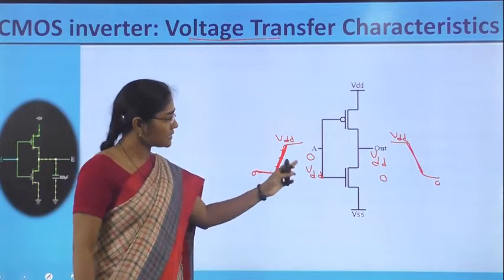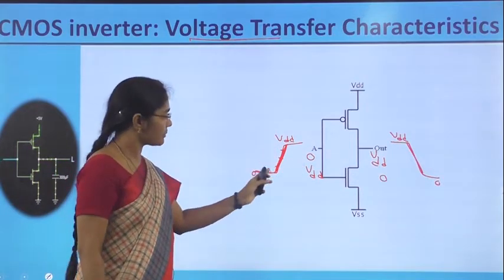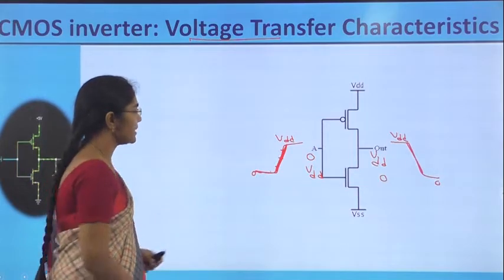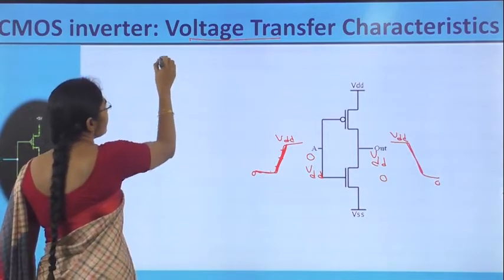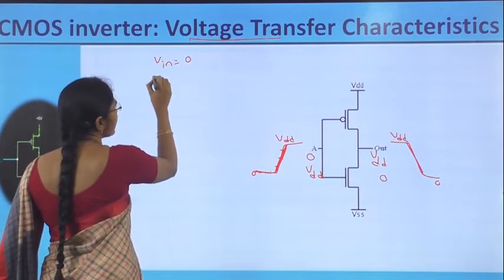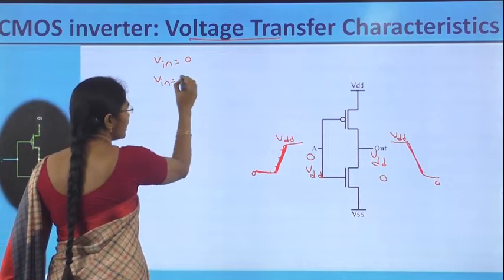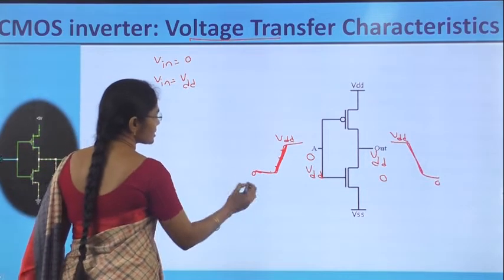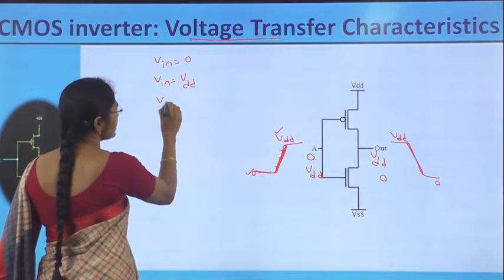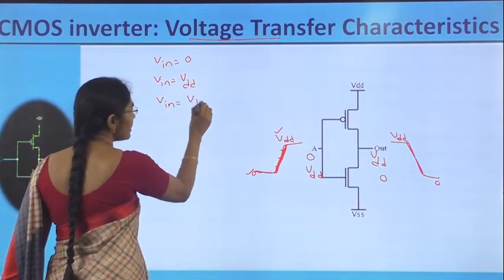To understand the transfer characteristics, let us take different values of the input as some points: Vin equal to 0, Vin equal to VDD, and the middle value, Vin equal to VDD by 2.